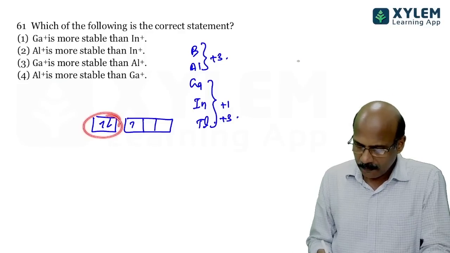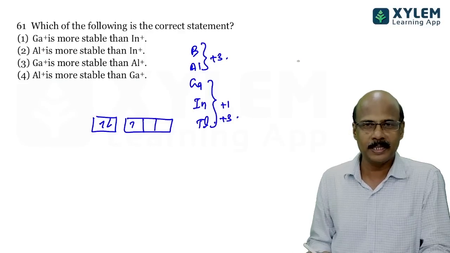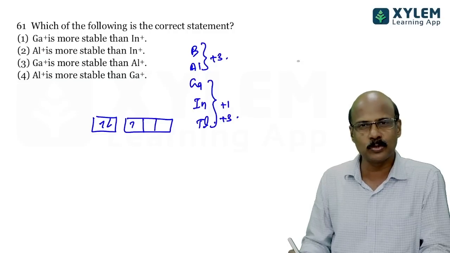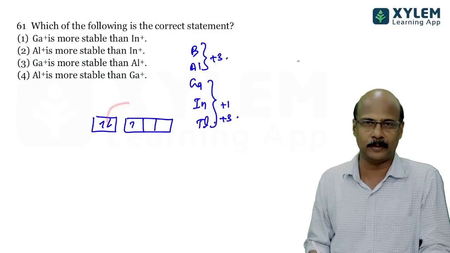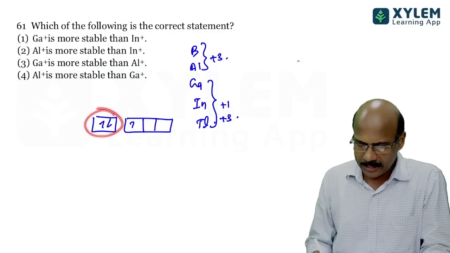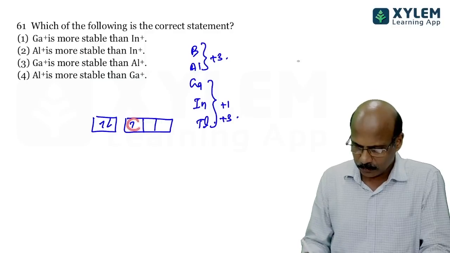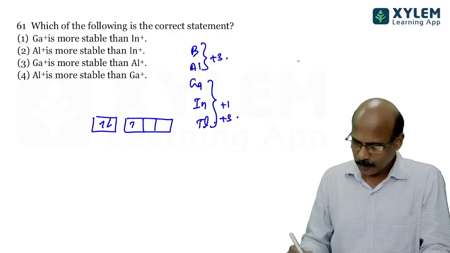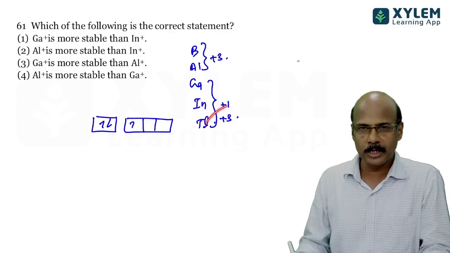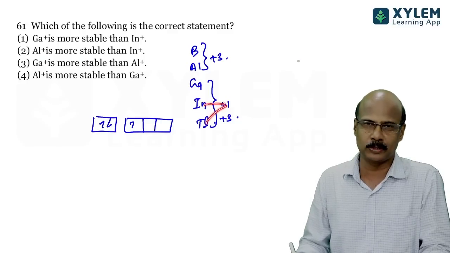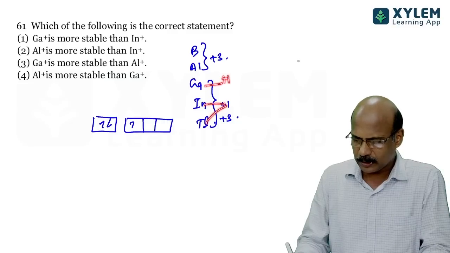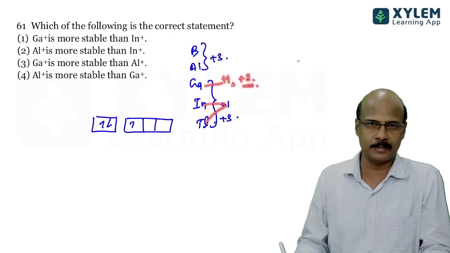But the heavier members of the p block show high reluctance to unpair these paired s electrons. Because of this reluctance, they show +1 oxidation state preferably. So thallium prefers +1, indium also prefers +1, gallium +1 is not so preferred, but it prefers +3 oxidation state.